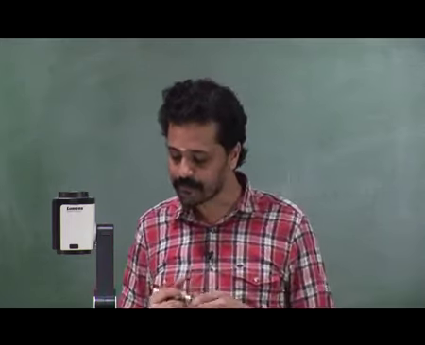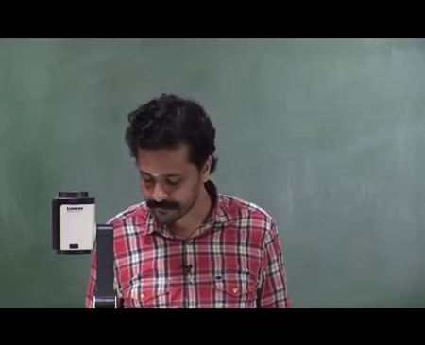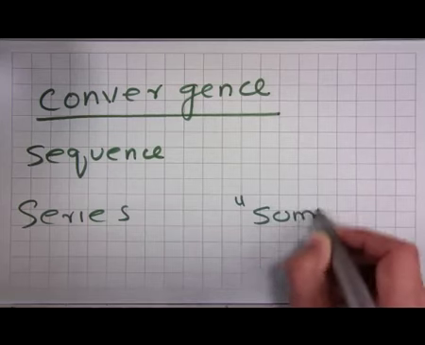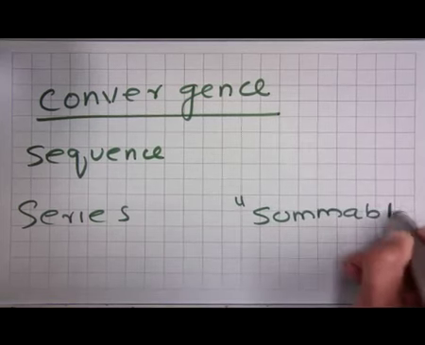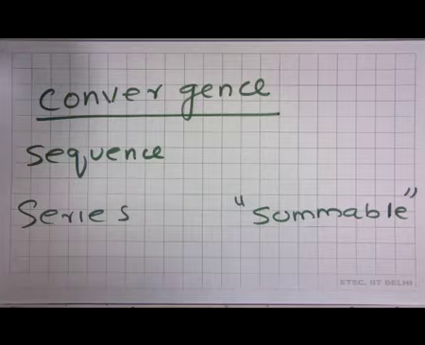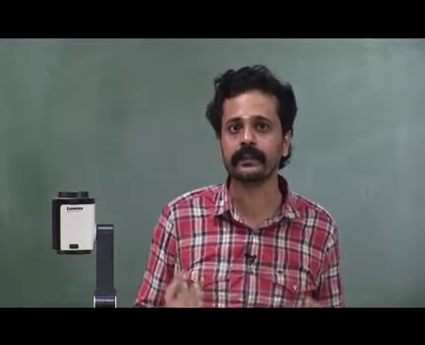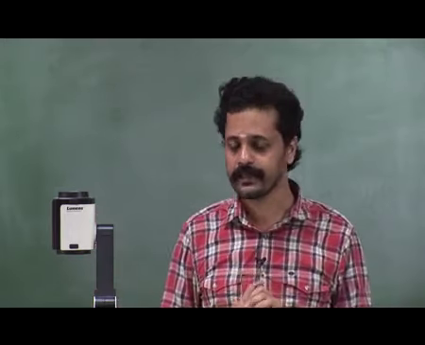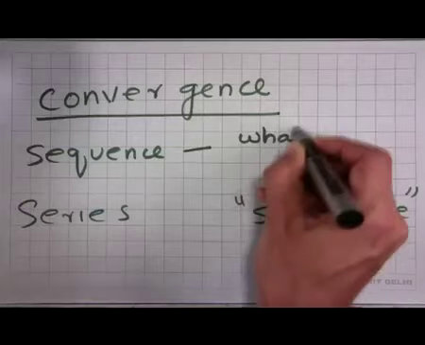And convergence of a series is something to say whether the series is summable, meaning after adding all the terms whether you will come up with a finite value or not.